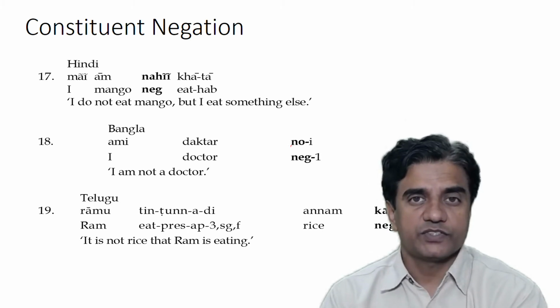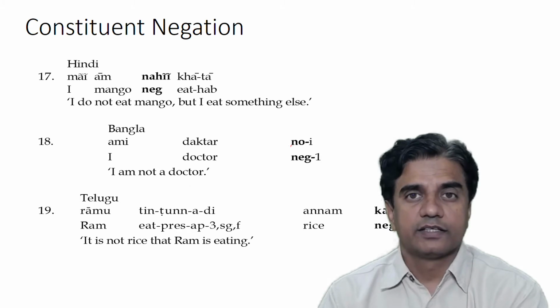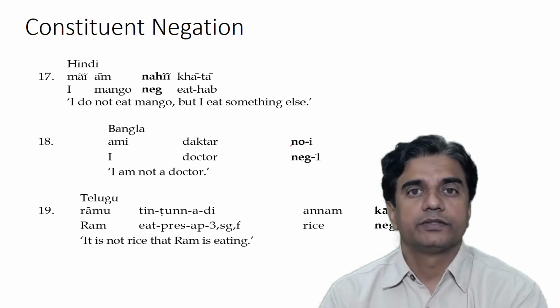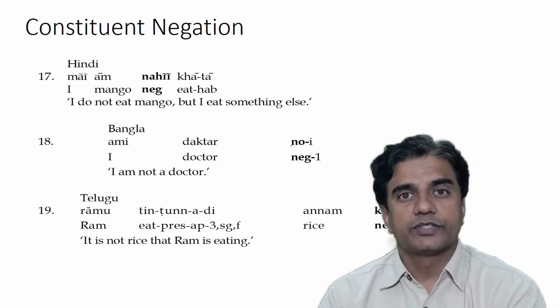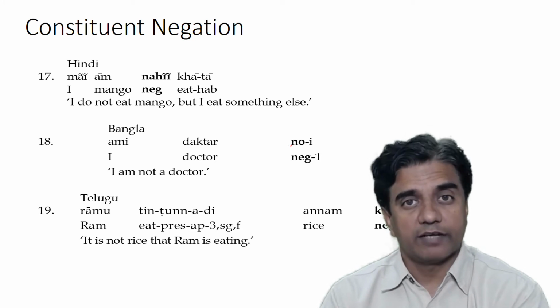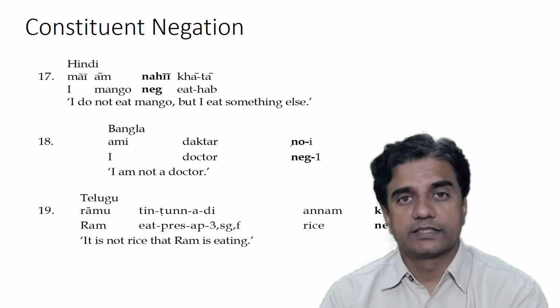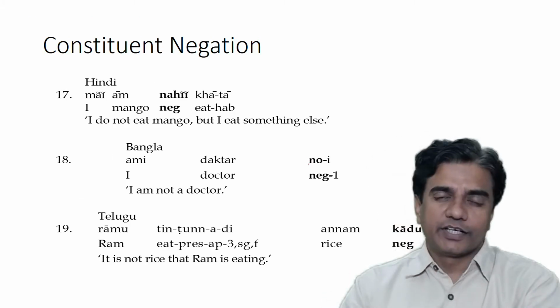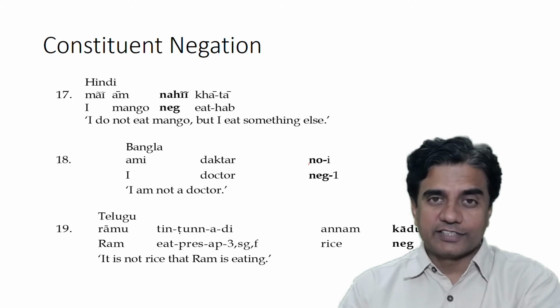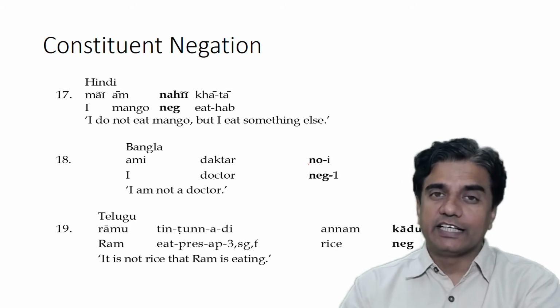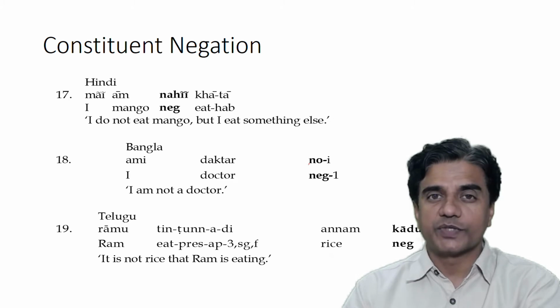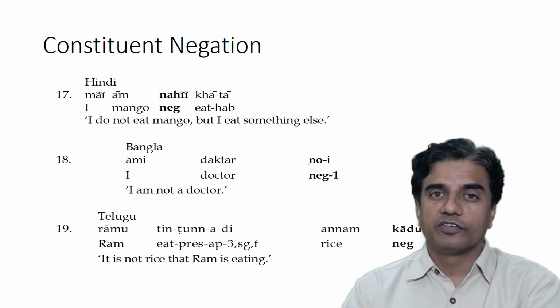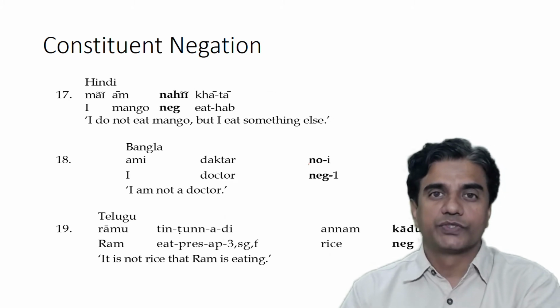What we have seen so far is that the occurrence of the negative element to the left of the verb is also an indicator of sentential negation, whereas constituent negation, as the name suggests, negates only the particular constituent the negation follows.